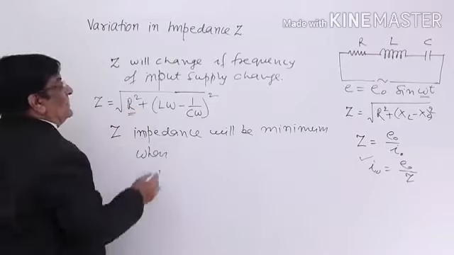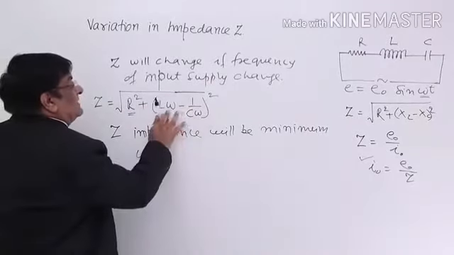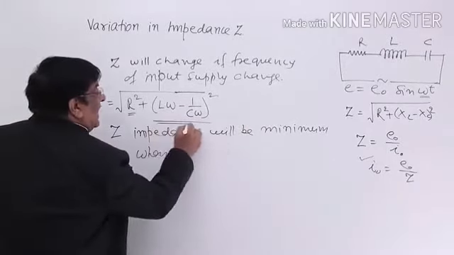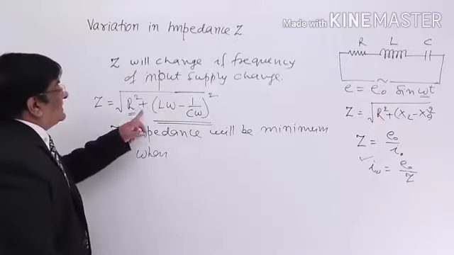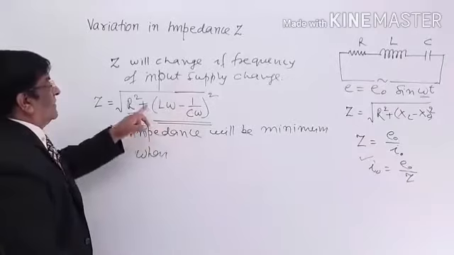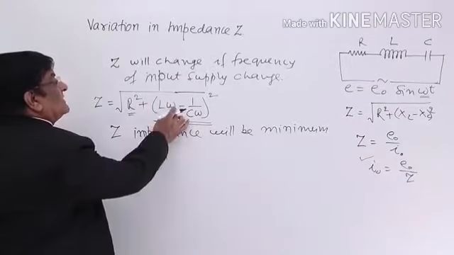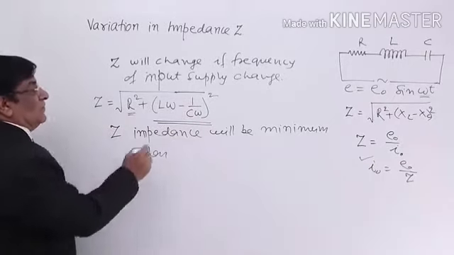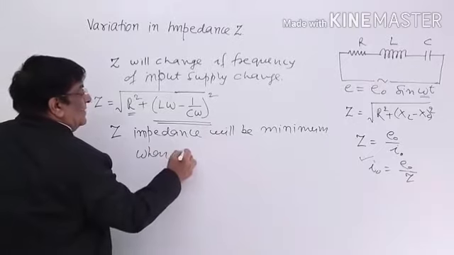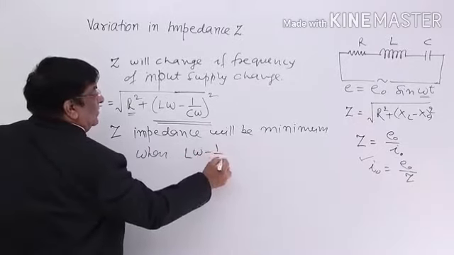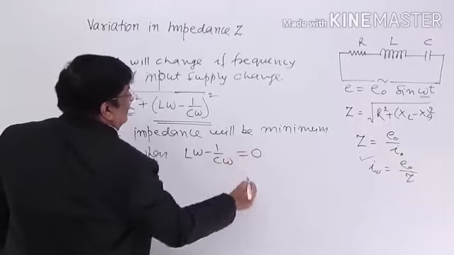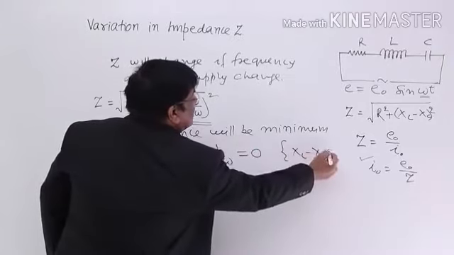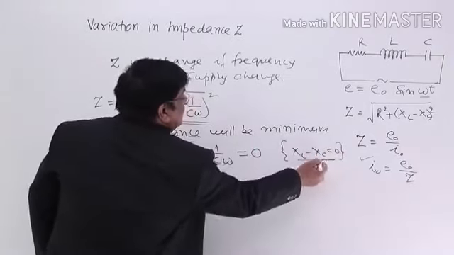We cannot change R, but we can change this bracket. This is added to R square, so if the bracket becomes 0, then Z will be minimum. If it has any value, it will increase the value of Z. So Z will be minimum when L omega minus 1 upon C omega is equal to 0, that is, XL minus XC is equal to 0. This is the condition for minimum Z.